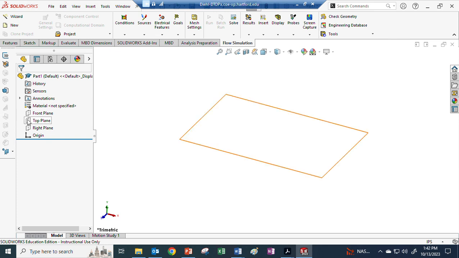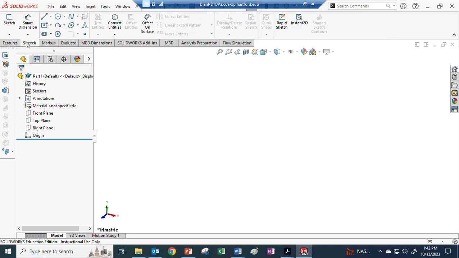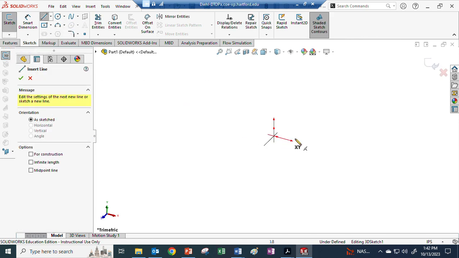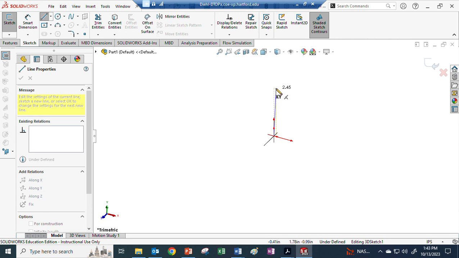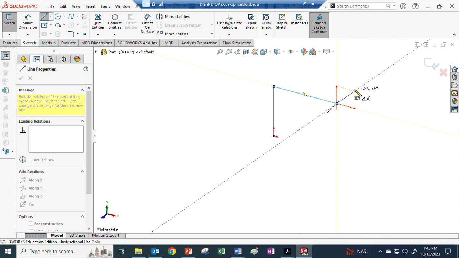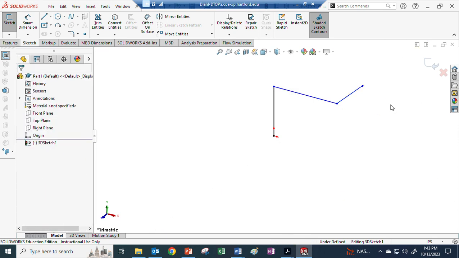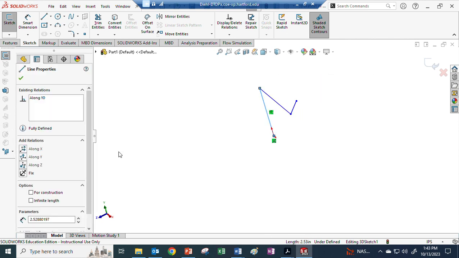Great start there. Let's see how we're going to make this thing. I'm going to make a 3D sketch. And boom. I'm going to go up, boom, go in that direction, boom. I just made that look way easier than it is. See, I lied. Okay, so I think I need to tell this it's going to be in the Y direction.